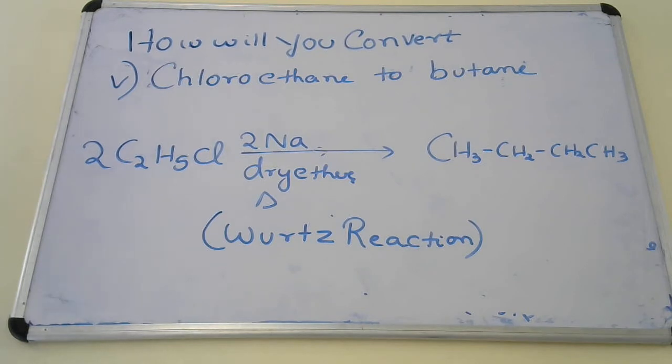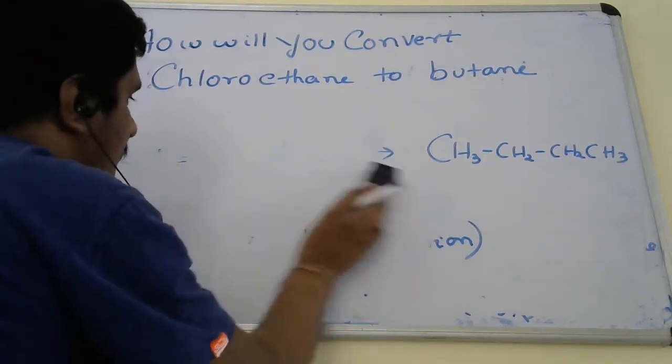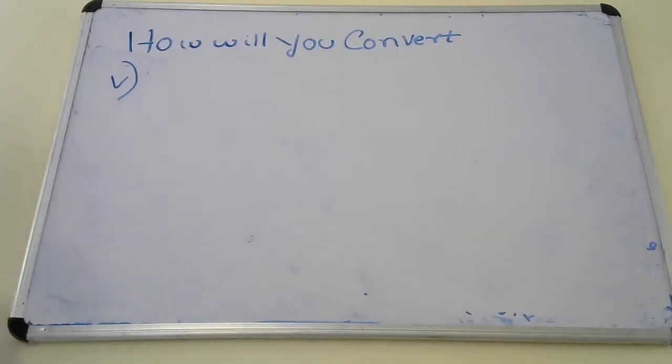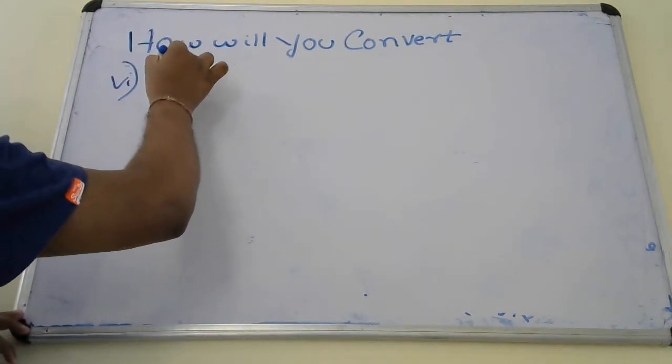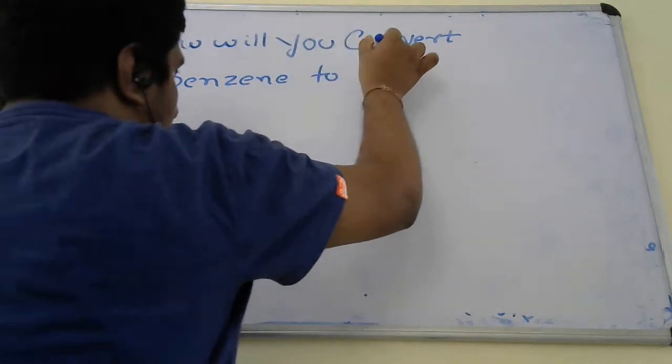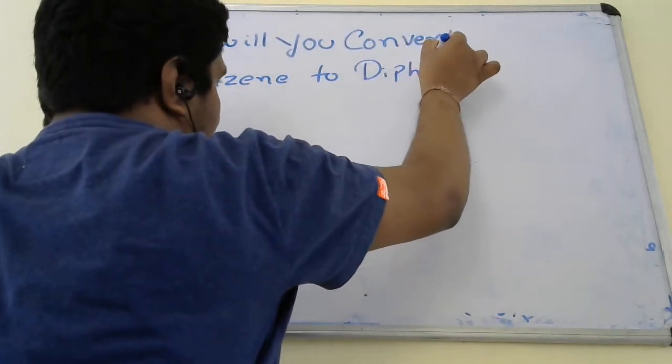Now the next reaction is based on the Fittig reaction. Let us see that. The question is converting benzene to diphenyl.